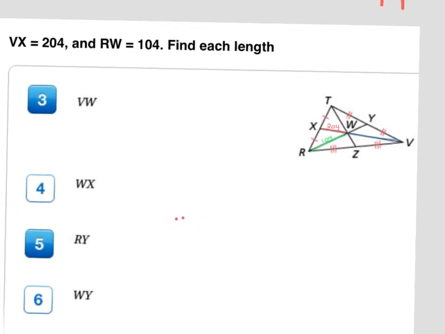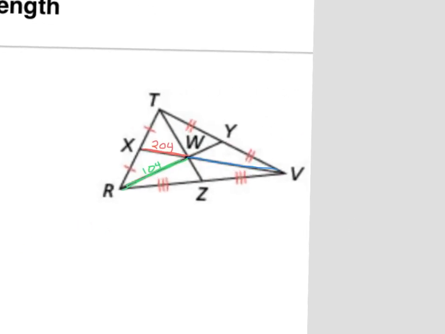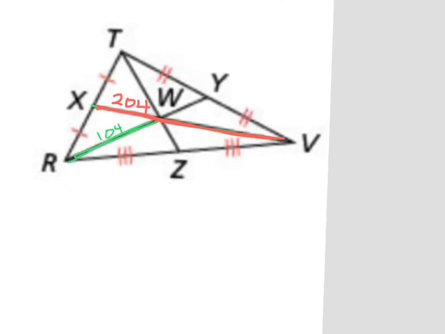That means what? Oh, XV, I'm sorry. Okay, so the whole segment there is 204, right? Which part of that is a third of 204? XW. XW would be 1/3, which means WV is 2/3.